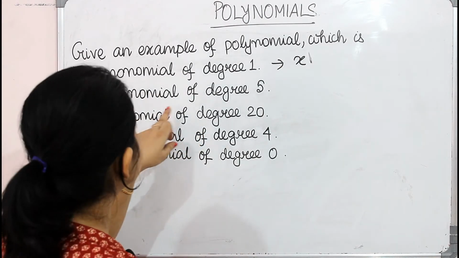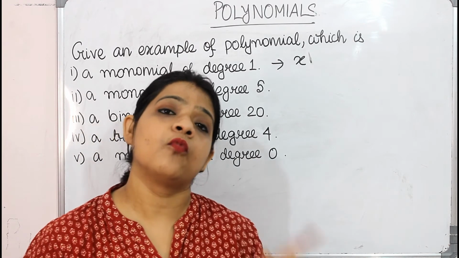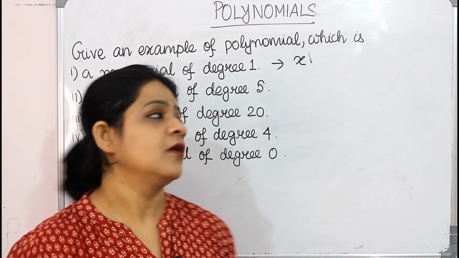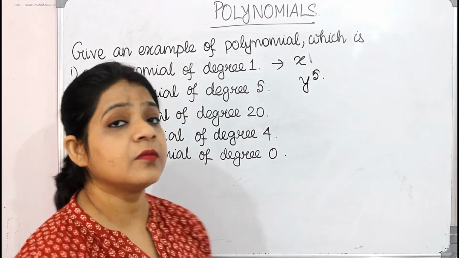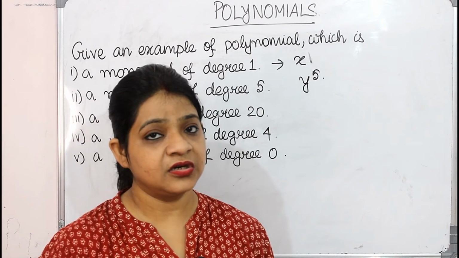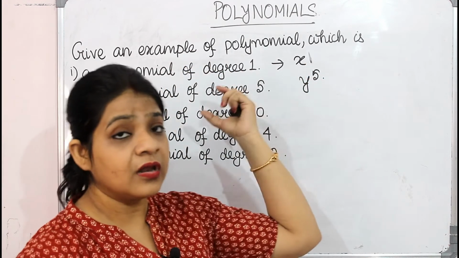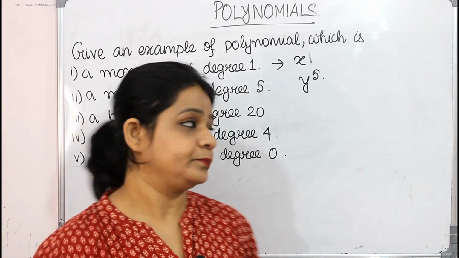Next is a monomial of degree 5. Means it should have one single term and the highest degree will be 5. So let's write y to the power of 5, an expression that has only one single term and the degree as 5.